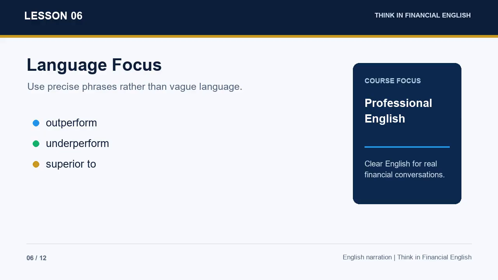Now let's focus on the English. The key language for this lesson includes outperform, underperform, superior to, different from, and suitable for. These phrases help you move from general English to financial English. A weak sentence might say, the situation is bad, or the number went up. A stronger sentence names the driver, the direction, and the implication.